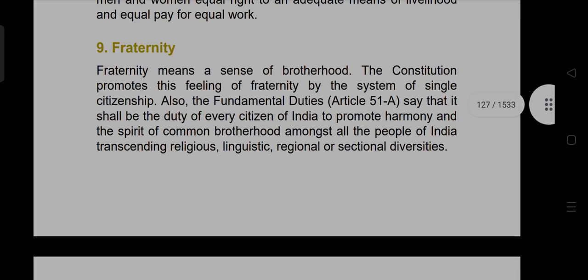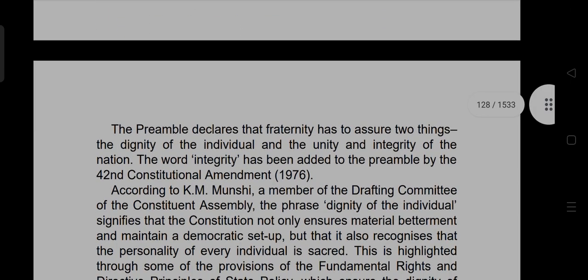Ninth, fraternity. Fraternity means a sense of brotherhood. The Constitution promotes this feeling of fraternity by the system of single citizenship. Also, the fundamental duties, Article 51A, says that it shall be the duty of every citizen of India to promote harmony and the spirit of common brotherhood amongst all the people of India, transcending religious, linguistic, regional, or sectional diversities.